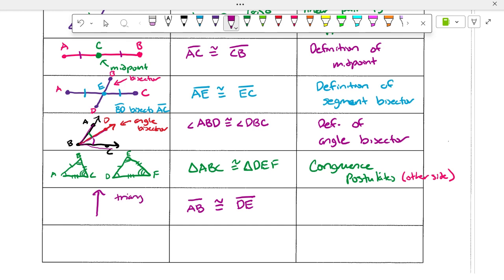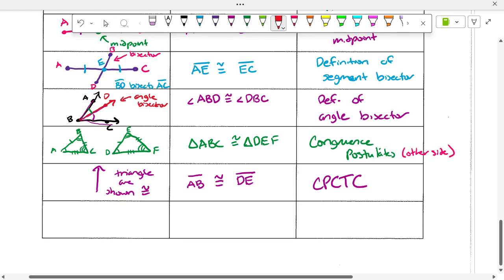That's the important part. The triangles have to already be shown congruent. Then any corresponding side or angle we can say is congruent by CPCTC. Corresponding parts of congruent triangles are congruent.